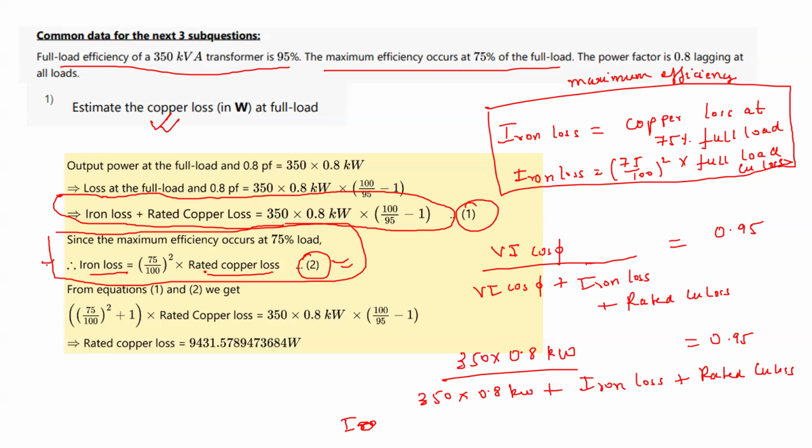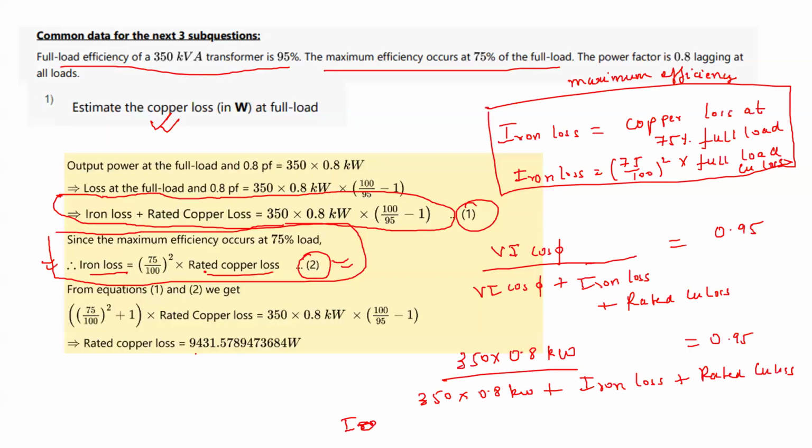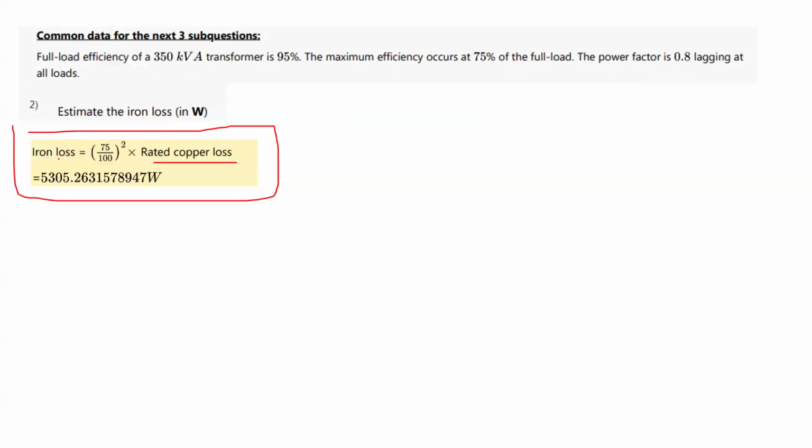Because we have solved for the rated copper loss, or full load copper loss, we can get the iron loss for the next question. You just put the value of rated copper loss which you have obtained from the previous question directly here, and you will get the iron loss. This is a very simple thing, just a continuation of the previous question.